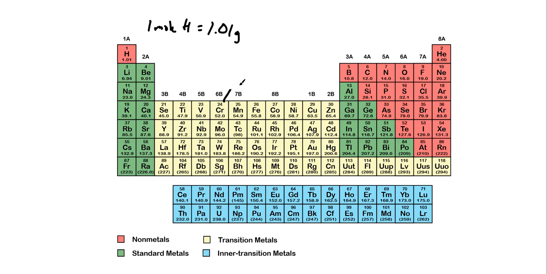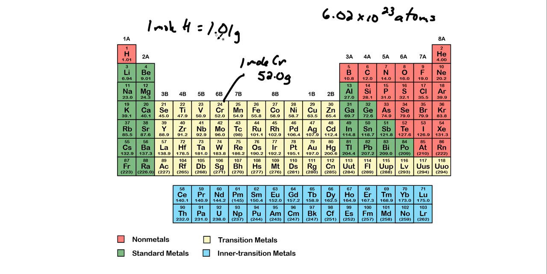Grab something in the middle: chromium, Cr, 52 atomic mass, so 1 mole of chromium is 52.0 grams. All of these have Avogadro's number. All these have 6.02 times 10 to the 23rd atoms.